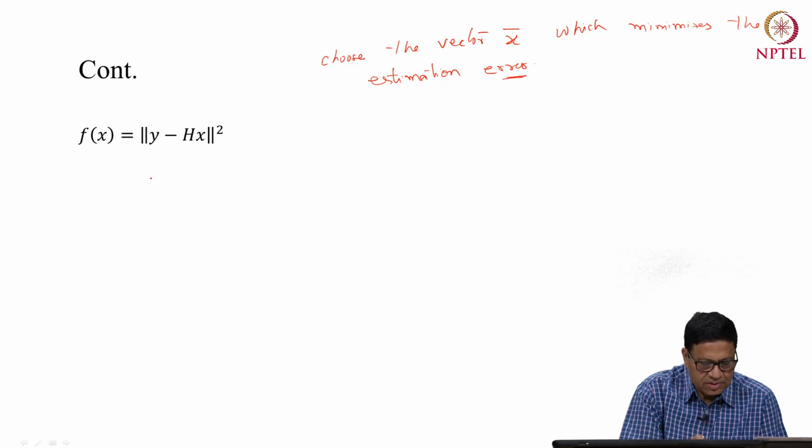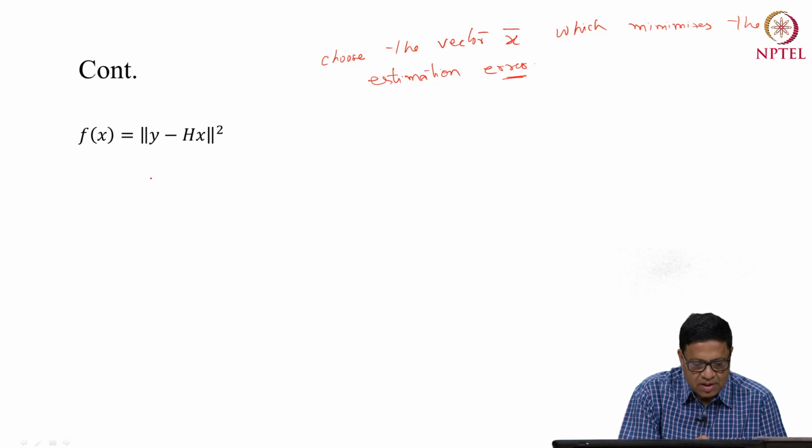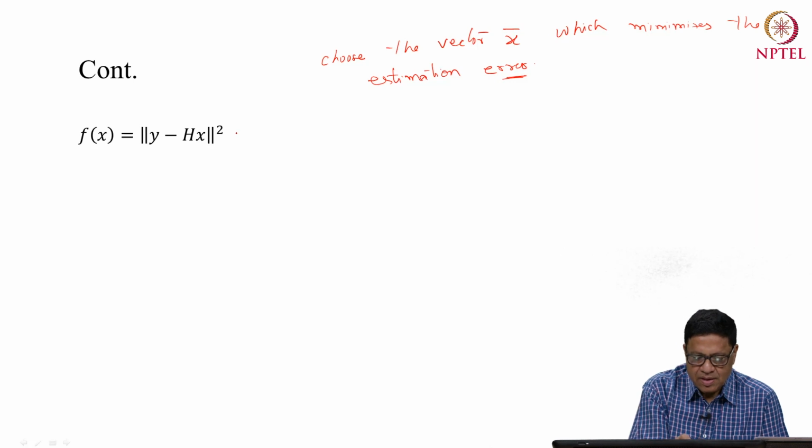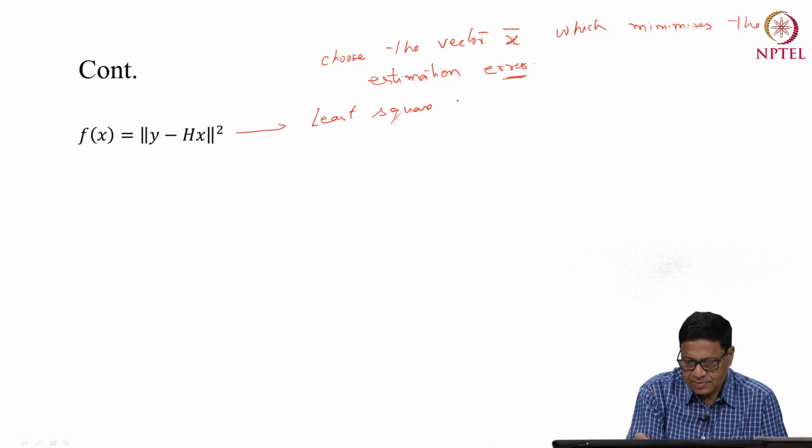Which is f(x) equal to the mod of y minus Hx squared, which should be minimum. This is also called the least square error function.